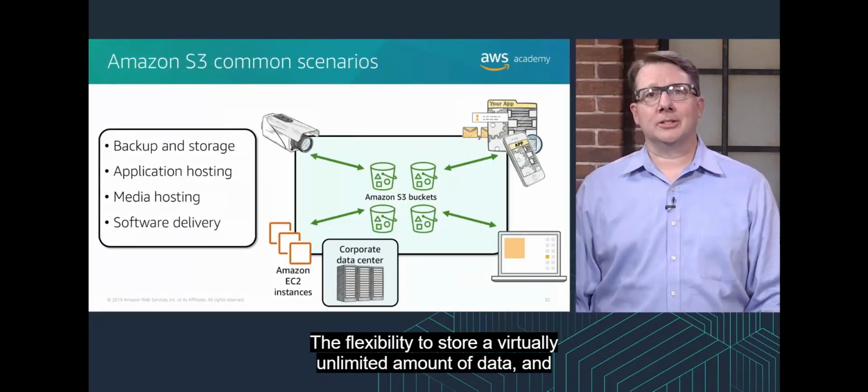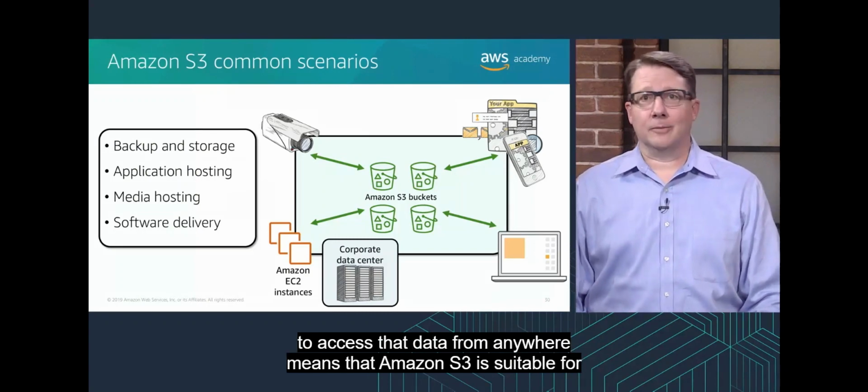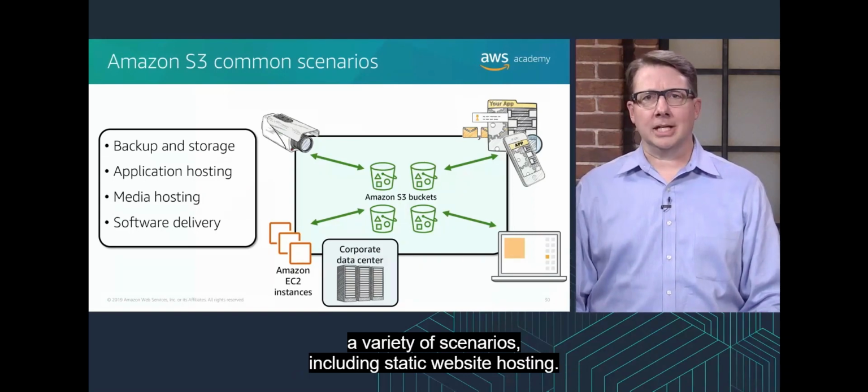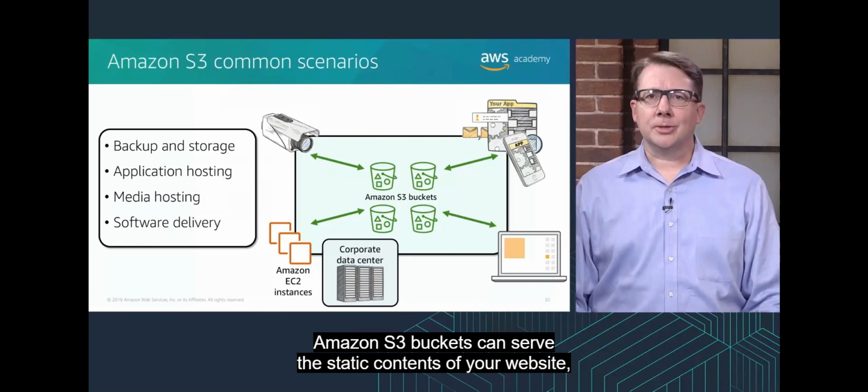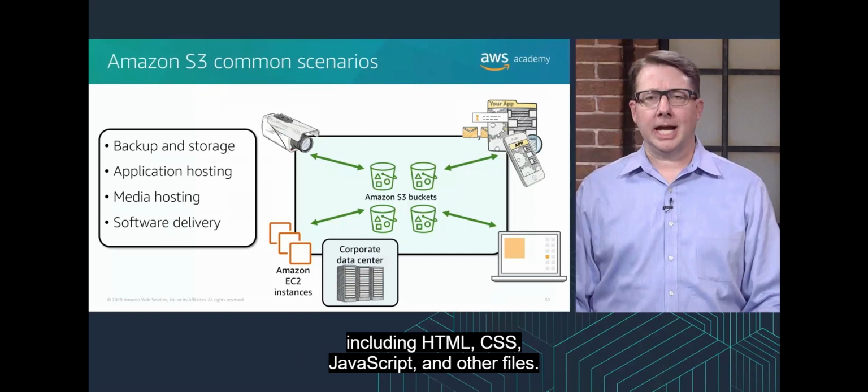The flexibility to store a virtually unlimited amount of data and to access that data from anywhere means that Amazon S3 is suitable for a variety of scenarios, including static website hosting. Amazon S3 buckets can serve the static contents of your website, including HTML, CSS, JavaScript, and other files.